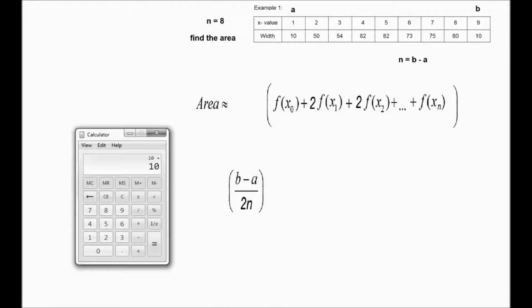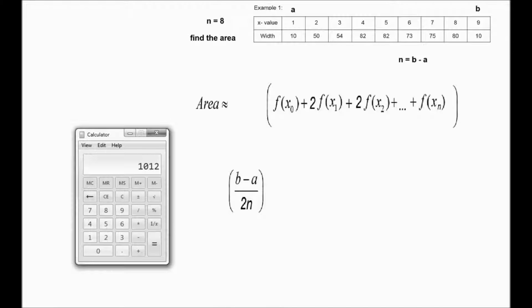So 2 times 50 is 100, plus 2 times 54, which is 108, plus 164, plus 164, plus 146, plus 150, plus 160, plus 10. That shows us that the larger sum of this is 1012.